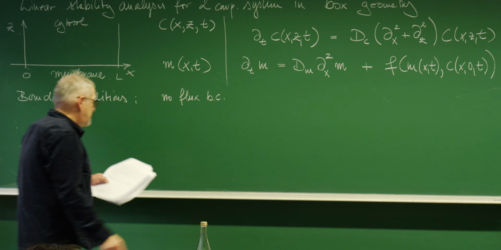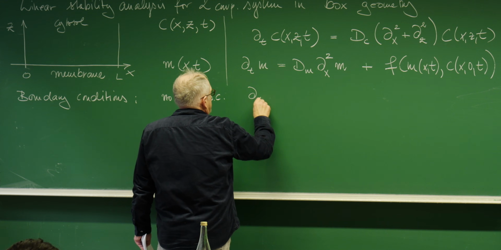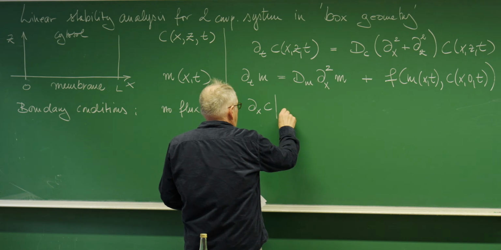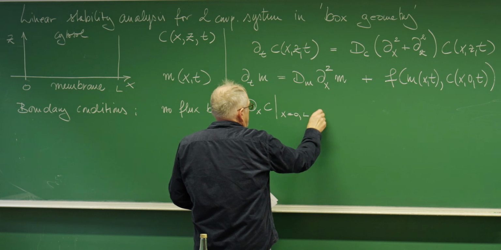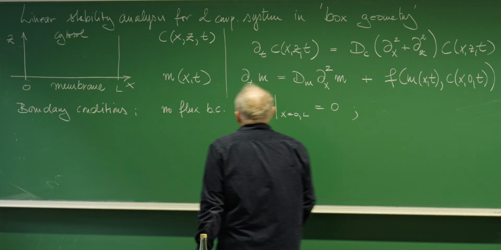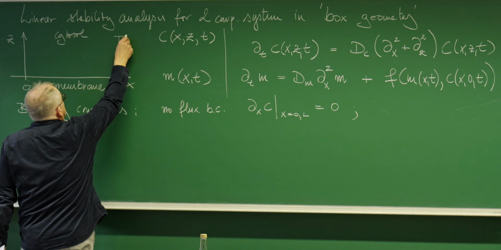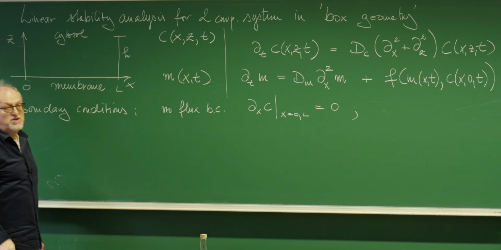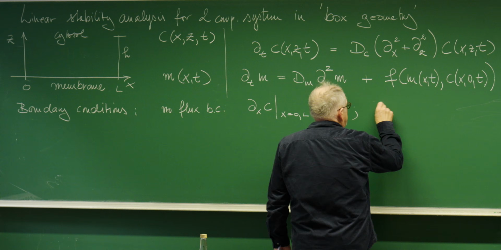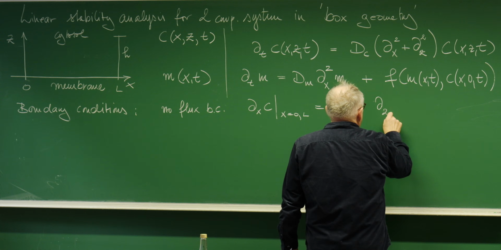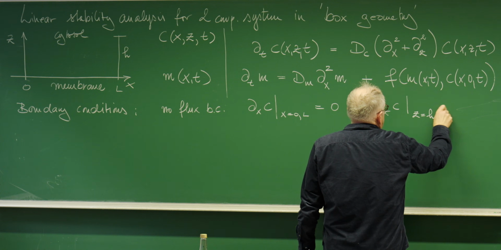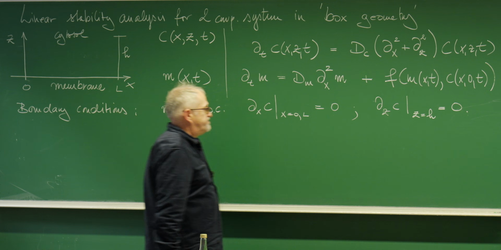So I need no flux boundary condition, meaning that the diffusive currents of c at x equals 0 and L is 0. And I also want a boundary condition here at the top. So the system has a height h. And at the top, I also want the system to be closed. So that means then ∂z of c at z equal to h also needs to be 0.